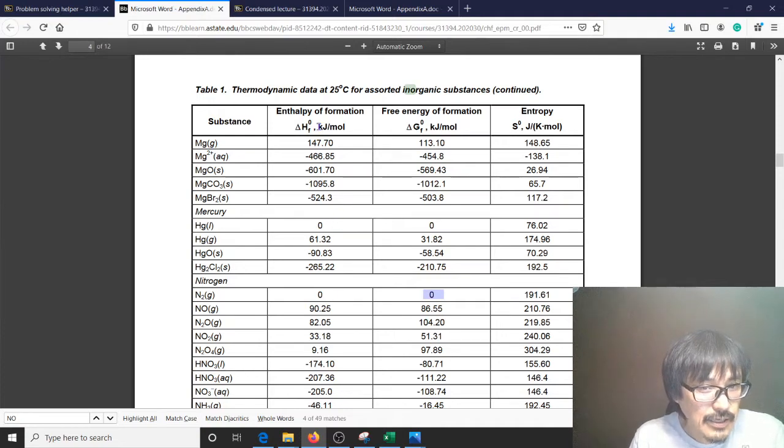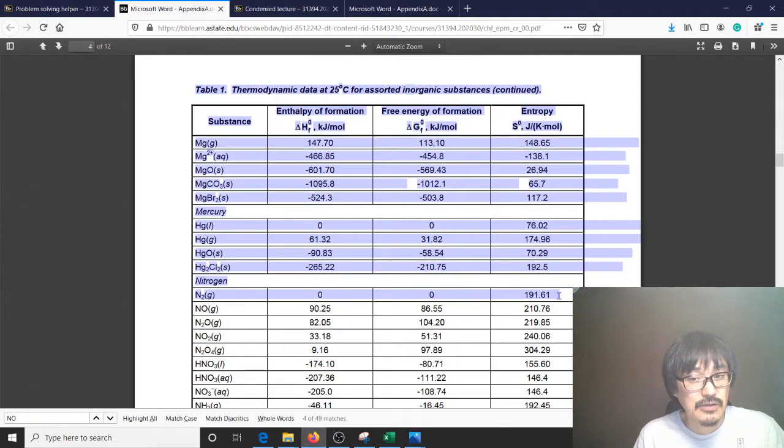Another thing I need to tell you is that enthalpy of formation is usually in kilojoule. The Gibbs free energies are also in kilojoule, but note this: the entropy values are usually given in joule per Kelvin, joule per Kelvin mole. That's not kilojoule, that's joule. So 191 is actually in joule here.